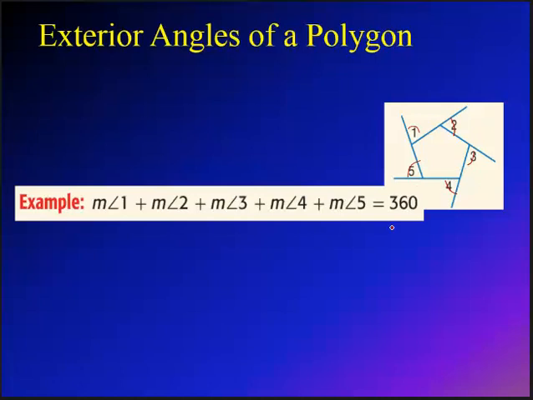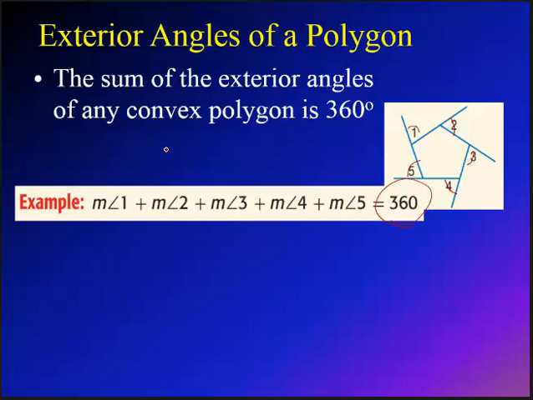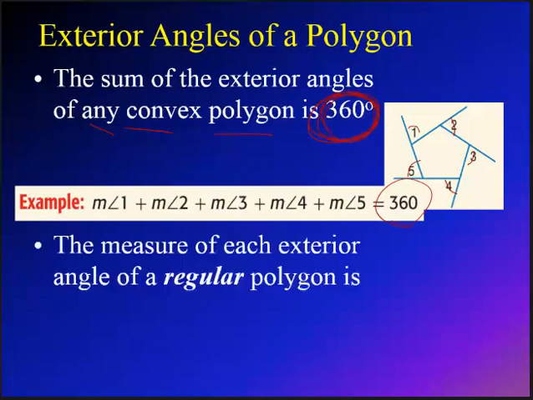I hope you remembered it was 360. So it does not matter how many sides you have. The sum is always going to be 360. This is an easy one to remember. The sum of the exterior angles of any convex polygon is 360. Okay, just remember that it makes a circle, and that'll help you remember that it's 360 degrees.